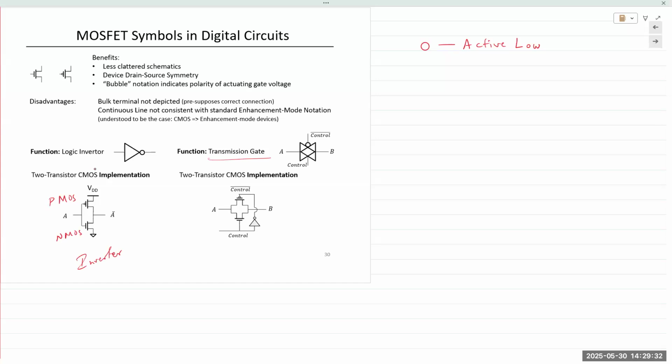Also notice the 4th terminal, which is the bulk or the body or the substrate of the device, is not shown, which again makes for far less cluttered schematics.